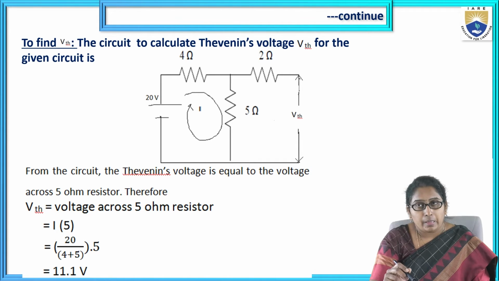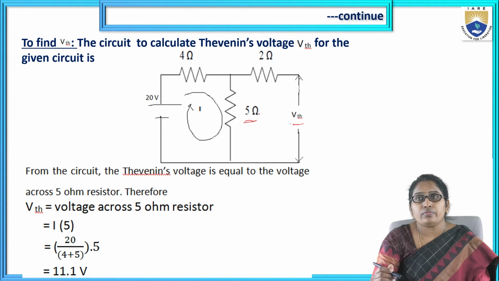Now, how to get it from this circuit? The voltage here, that is VTH, is nothing but the voltage across the 5 ohm, because these terminals are open circuited, which means there is no current in the 2 ohm resistor.